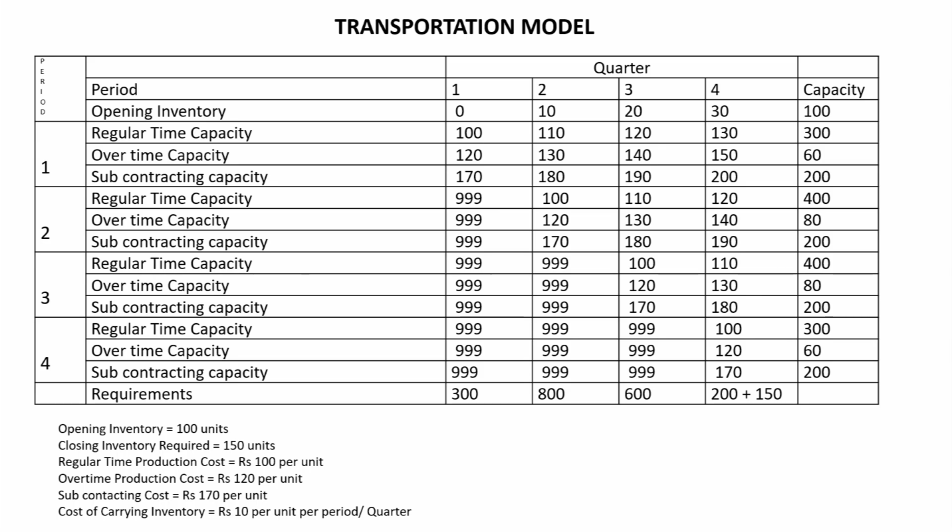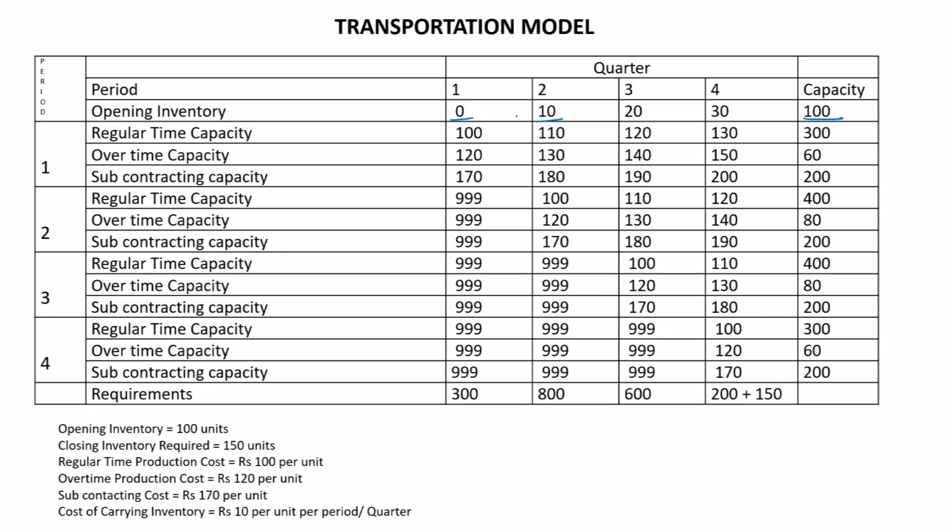There is an opening inventory of 100 units. If you are consuming it in the first quarter itself, there is no inventory carrying cost. But if you are consuming it in the second quarter, there is a stock carrying cost of rupees 10 per unit per quarter. So, if you are meeting the requirement in quarter 2 from the inventory, the cost will be 10 rupees.